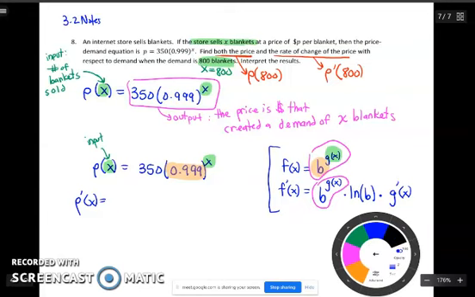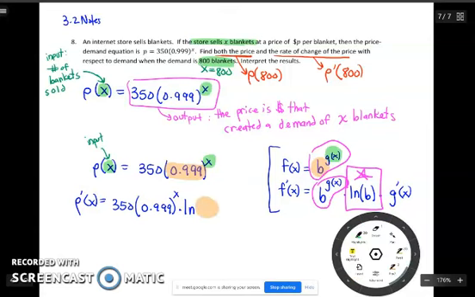So I'm going to rewrite 350 times my constant base raised to the x power. Then I'm going to tack on the natural log of the base. So I'm going to multiply by the natural log of whatever the base was. And the base was, in this case, this decimal number. So 0.999.